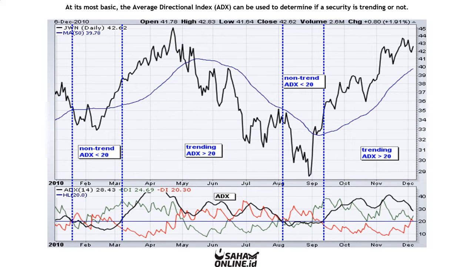At its most basic, the average directional index, ADX, can be used to determine if a security is trending or not. This determination helps traders choose between a trend-following system or a non-trend-following system. Wilder suggests that a strong trend is present when ADX is above 25 and no trend is present when ADX is below 20.